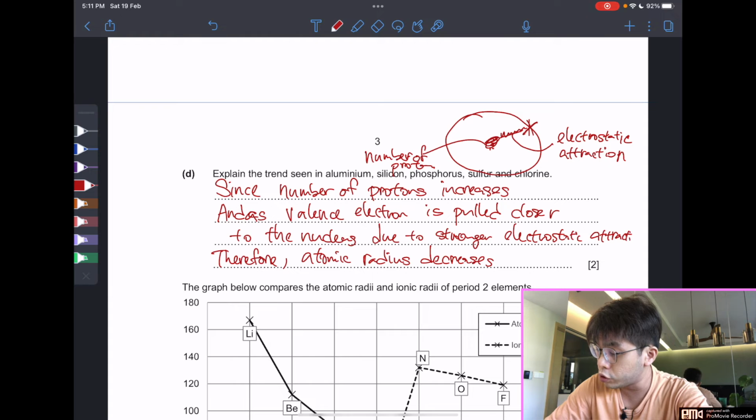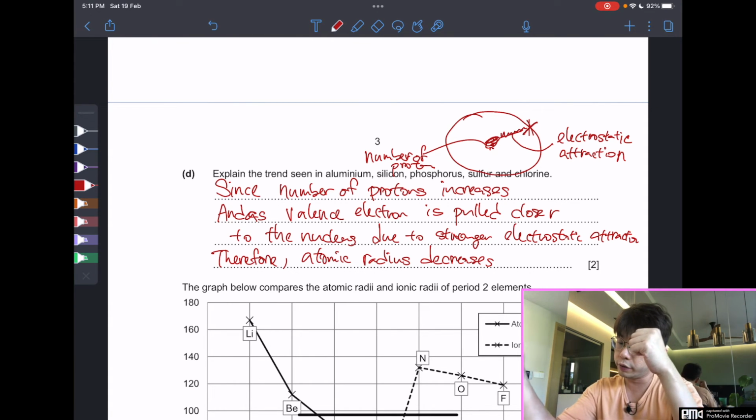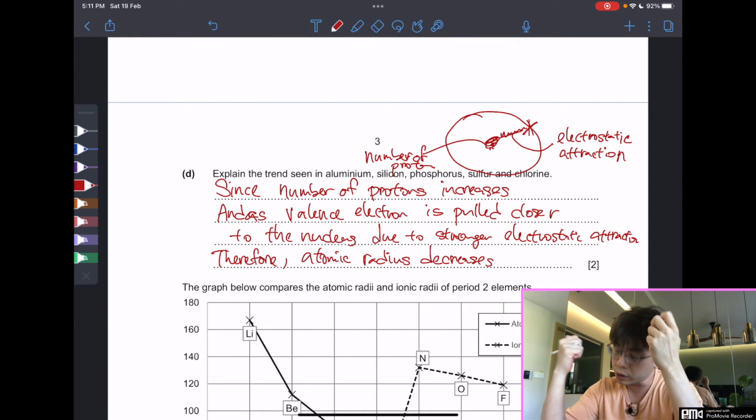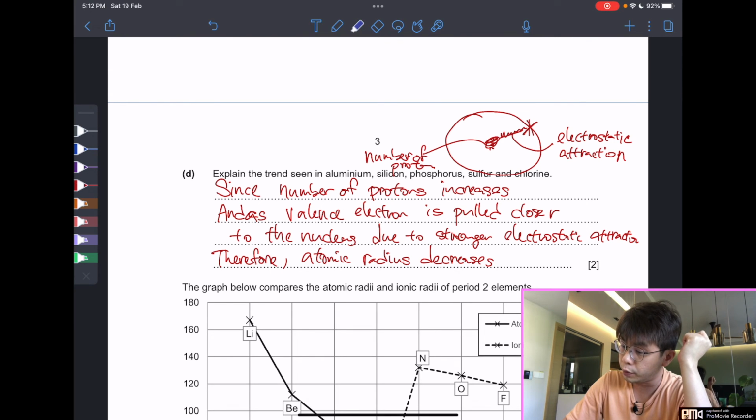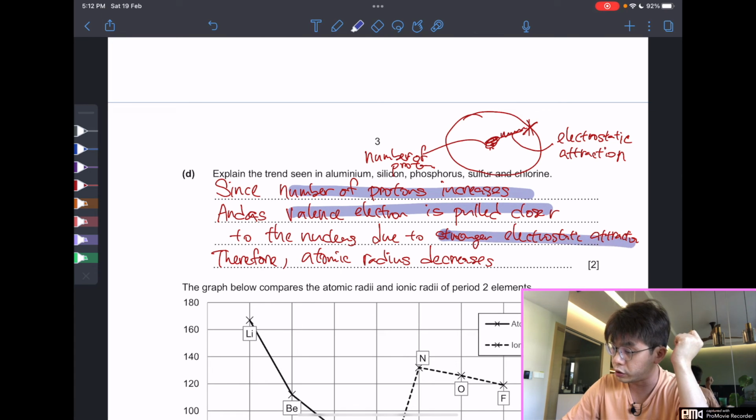So due to the stronger electrostatic attraction, the valence electron is put closer, and why is this electrostatic attraction stronger? It's because the number of protons increases from aluminum, silicon, phosphorus, sulfur, and chlorine. So number of protons increases, the valence electron is put closer because of stronger electrostatic attraction, so therefore atomic radius decreases.